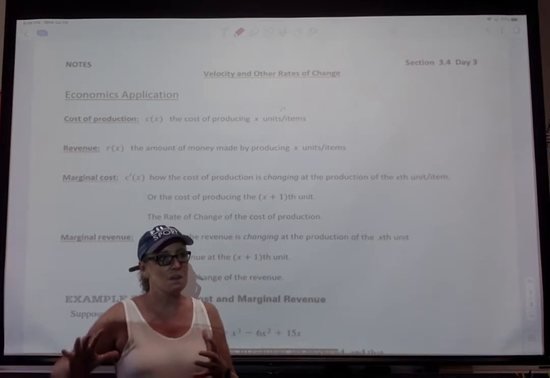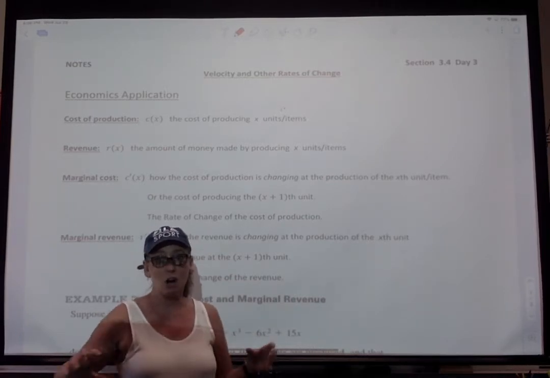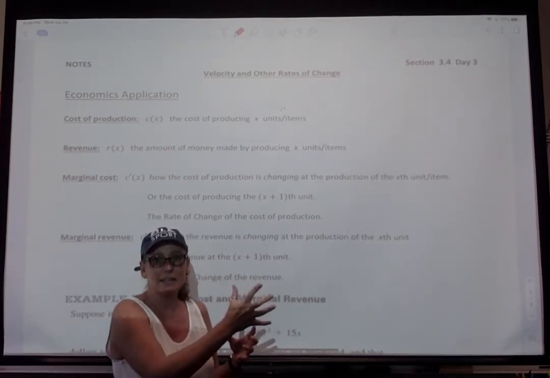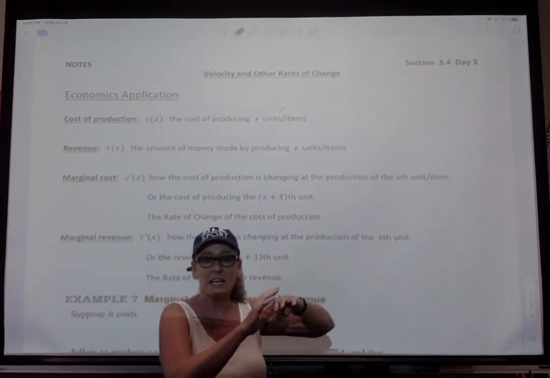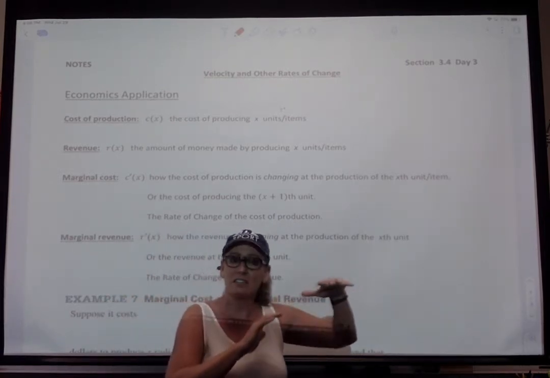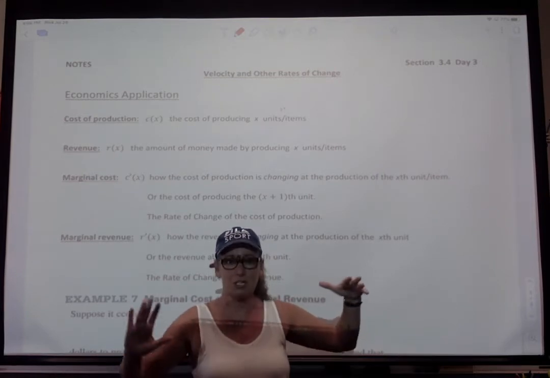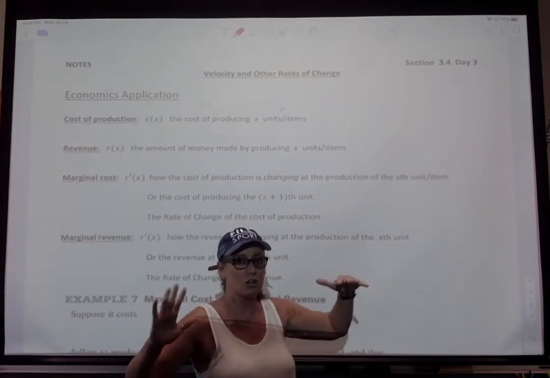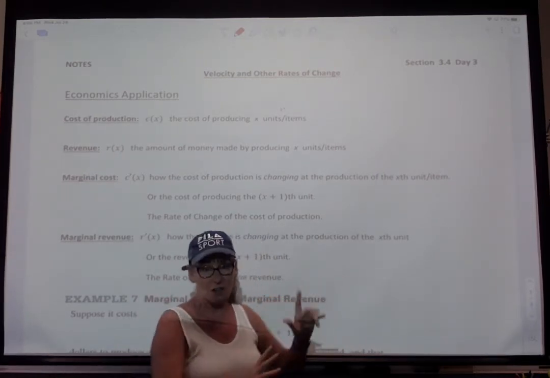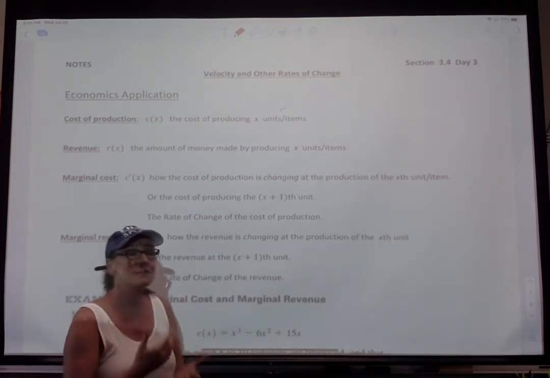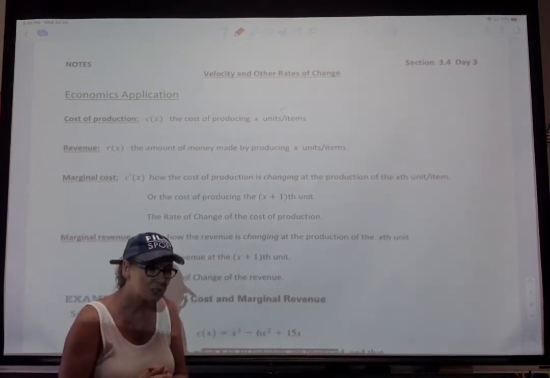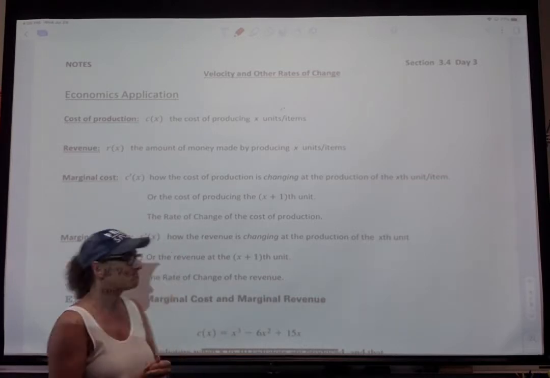And so from 0 to 10, the cost might increase greatly, but then from 10 to 20, the cost isn't increasing quite as fast because you've already started making them, you started buying the materials and all that. So the rate of change of cost is going to be changing.